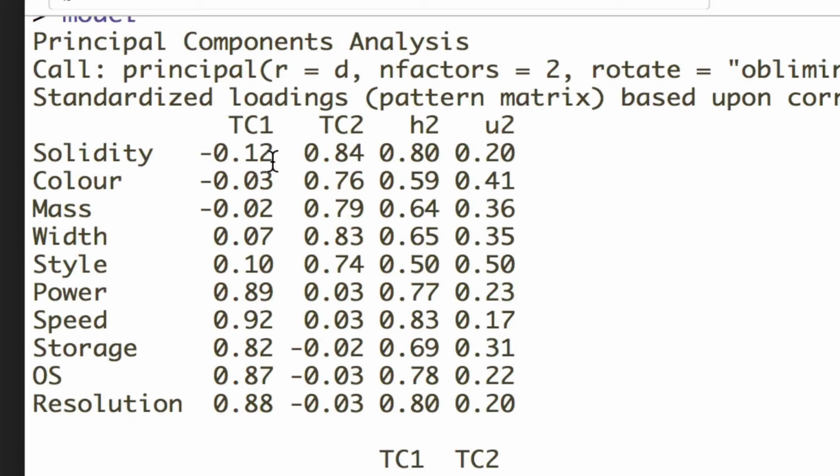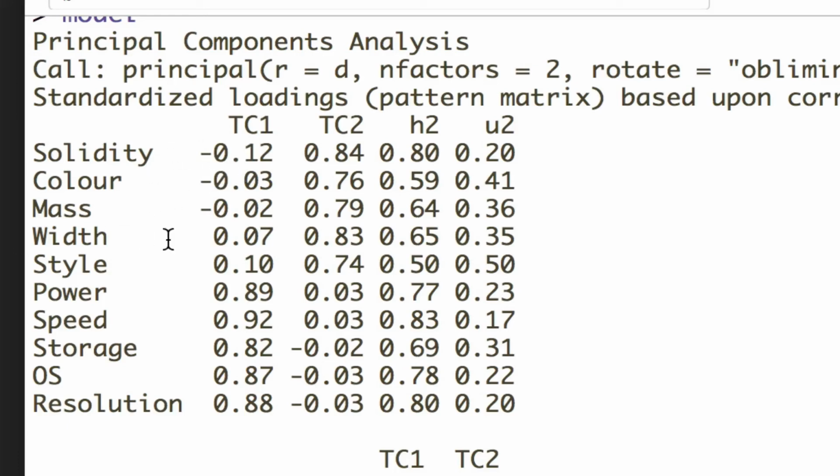So these are what's called loadings. It tells you how much one variable loads onto each factor, how much it contributes or correlates with that factor. So this is what we use to interpret.